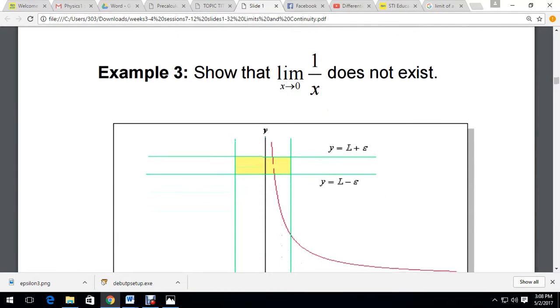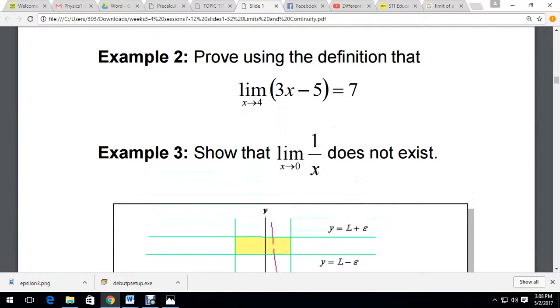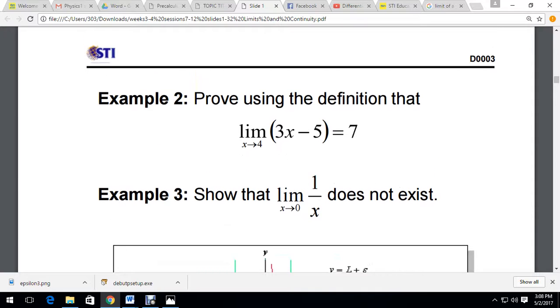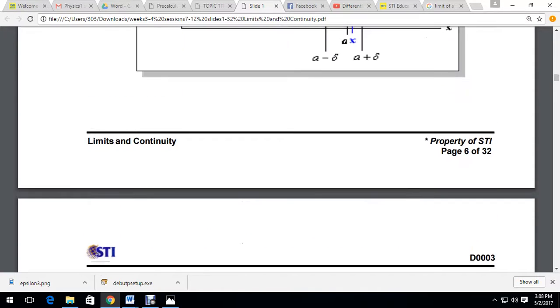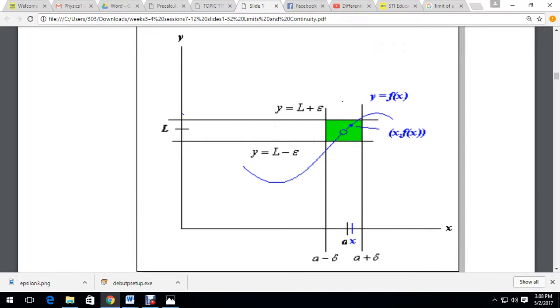Now let's have another one, to further illustrate this idea, again using the delta epsilon relationship.